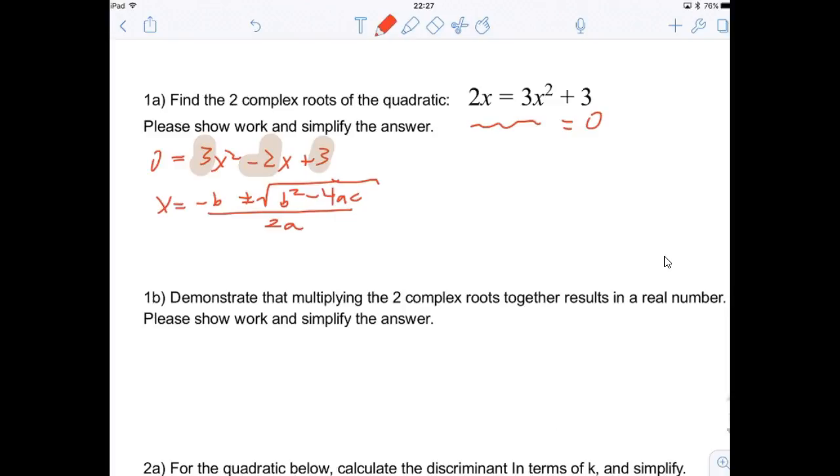So let's copy those in here. So negative b is going to be positive 2, right? Because b is negative 2. Plus or minus, and b squared would be 4 minus 4, and a is 3, and c is 3. All divided by 2 times a, which would be 2 times 3 is 6.